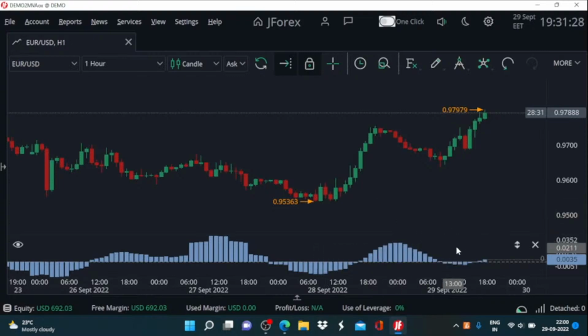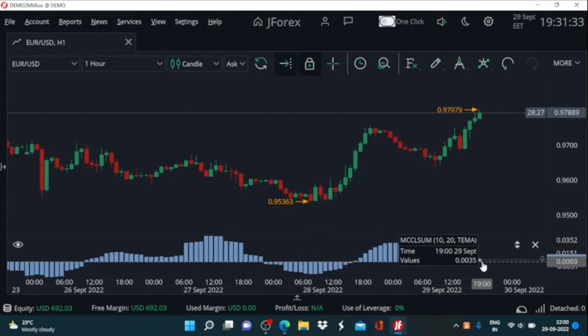So here, TMA has shown the reversal in today's session, and even in yesterday's session we had this reversal, and then earlier in the day we had a reversal again on the bearish side.